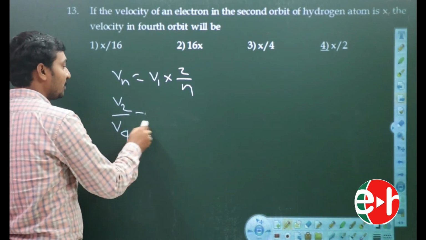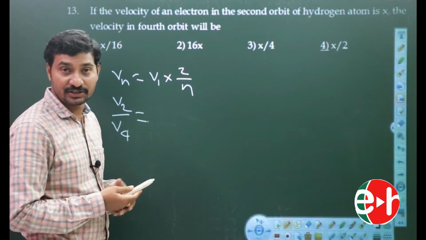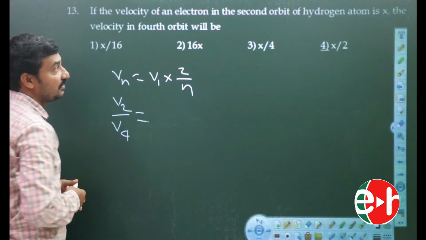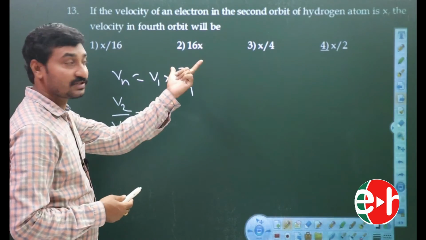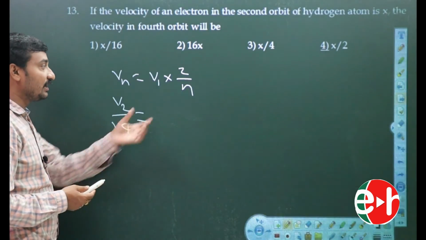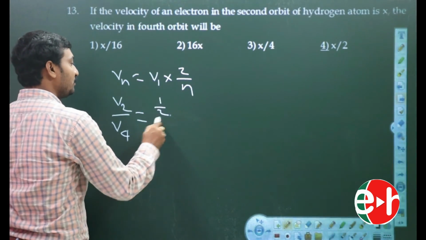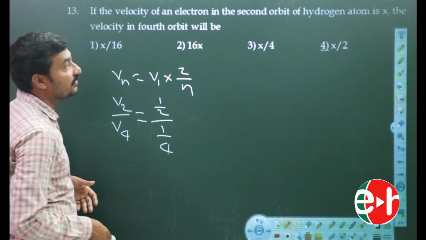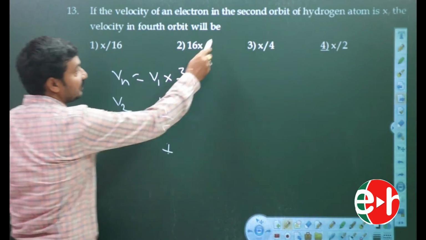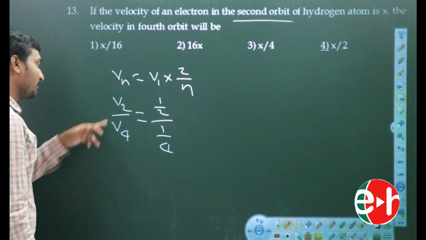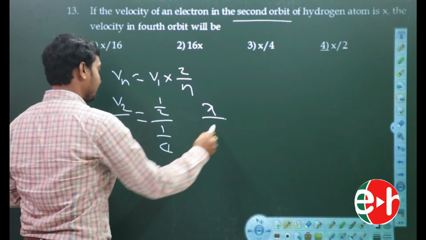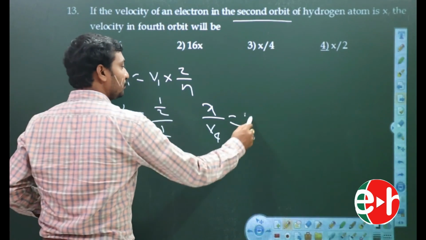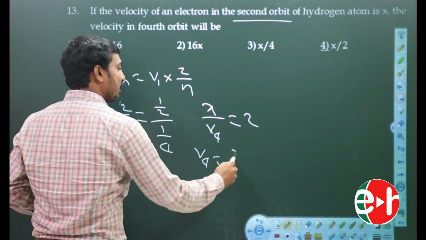Whenever this type of question is given, you can simply take the ratio. Then V1 cancels, the Z value is also the same for hydrogen atom, so it depends on n value. So 1 by 2 by 1 by 4, that is 1 by 4. V2 is given as x. V2 by V4 is equal to 4 by 2, that is 2, then V4 is equal to x by 2.